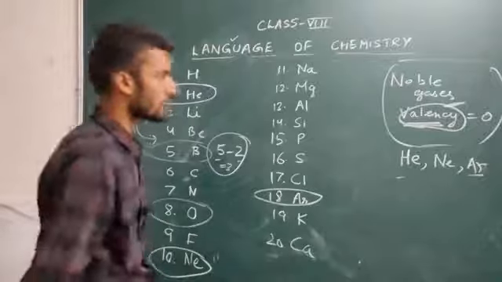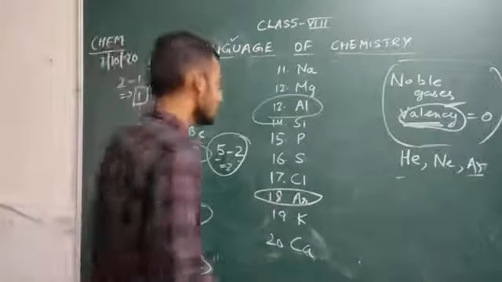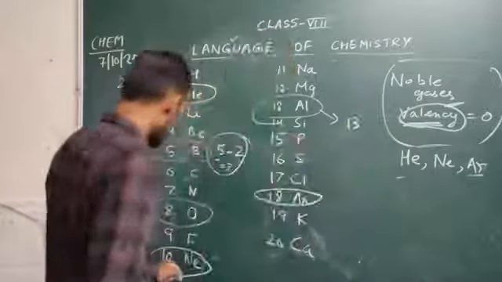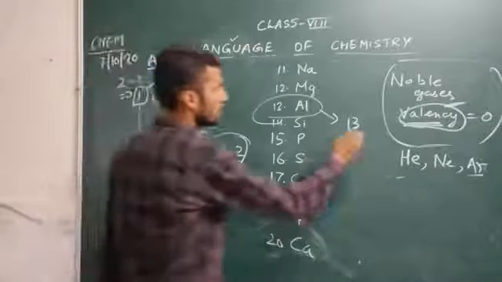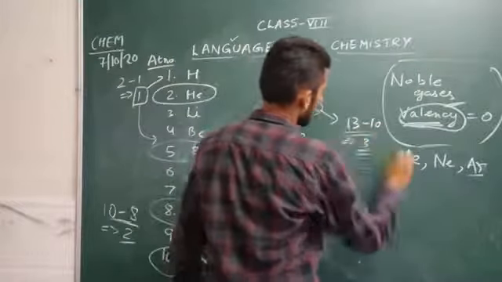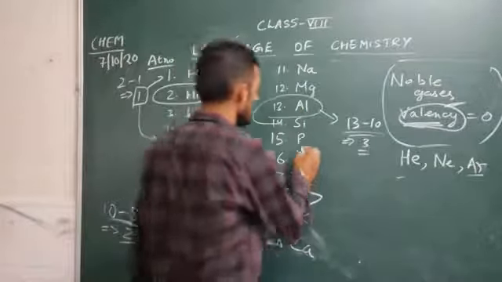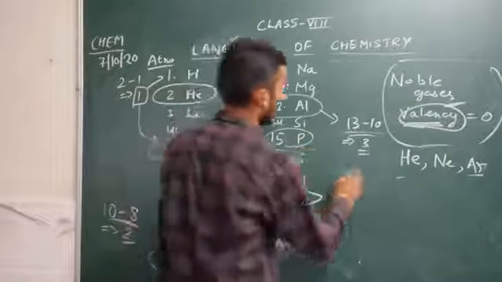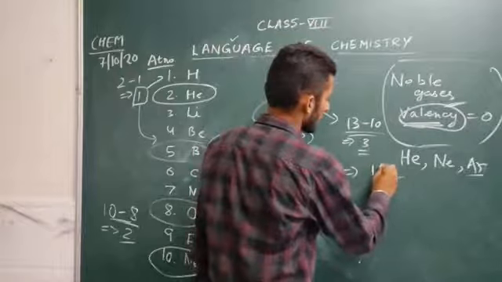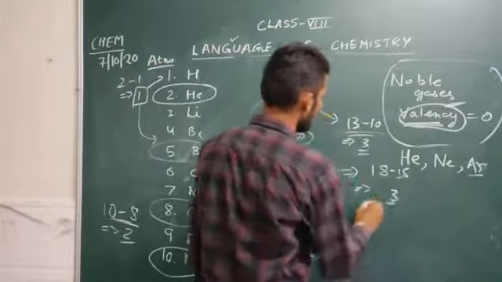When you want to calculate the valency of aluminium, aluminium has atomic number 13, and the nearest noble gas is neon. So 13 minus 10 is 3. Similarly, phosphorus: 18 minus 15 also gives you 3.